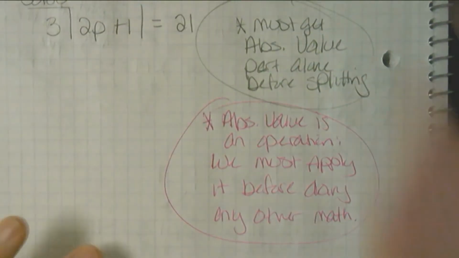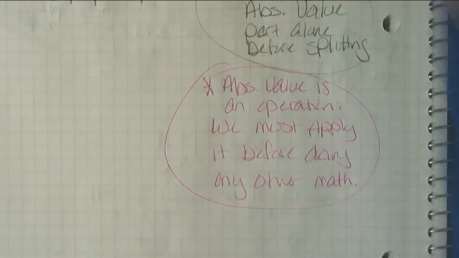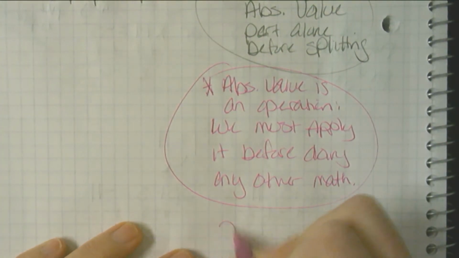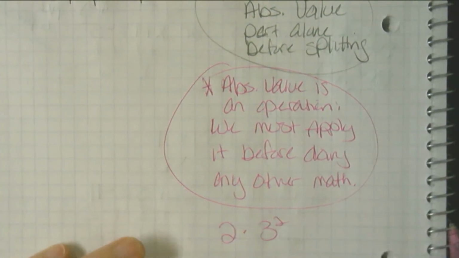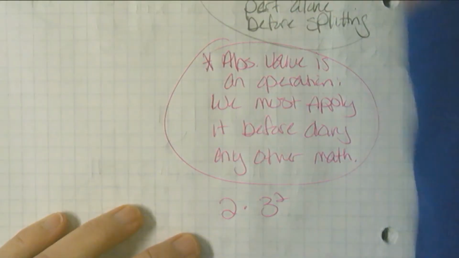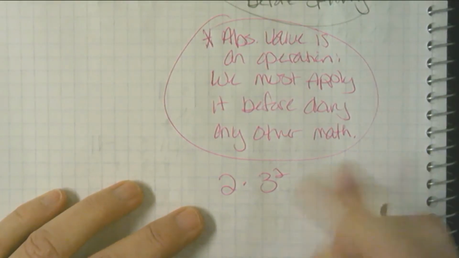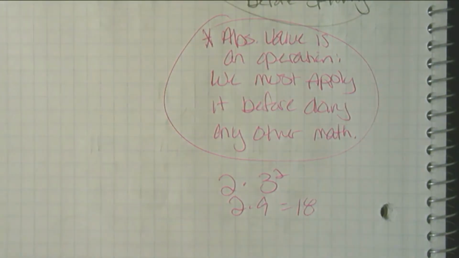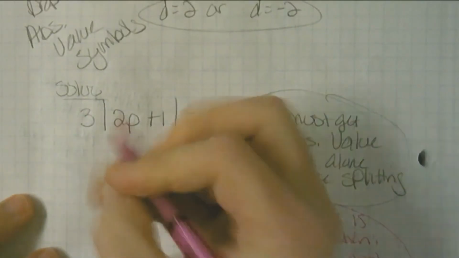So what I mean by that is, it's almost like this. If we have 2 times 3 squared, don't I have to do 3 squared? Right? So this is going to be 2 times 9, which gives you 18. So I do have to get rid of that absolute value. So this is not the distributive property.